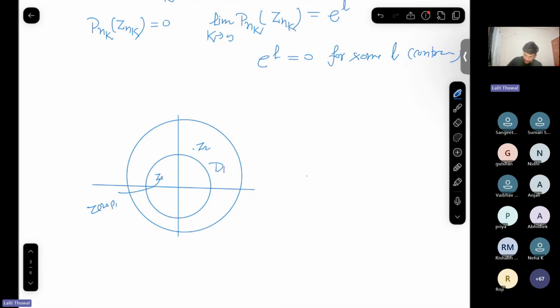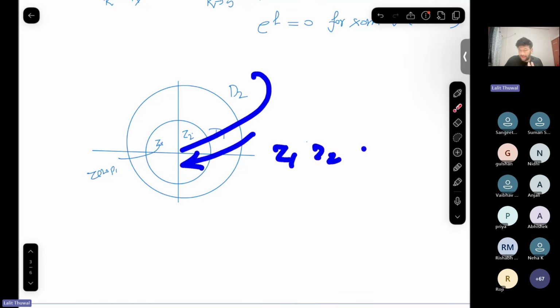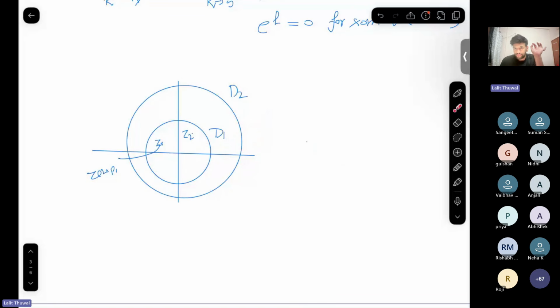We choose D2, but it is not possible that for all n, all the zn's are here, because I have already proved it. Not all zn's can be inside D1, where z1 is some zero of P1 and z2 is a zero of P2. So pick some n, say D10, with a zero of P10 outside, z10.